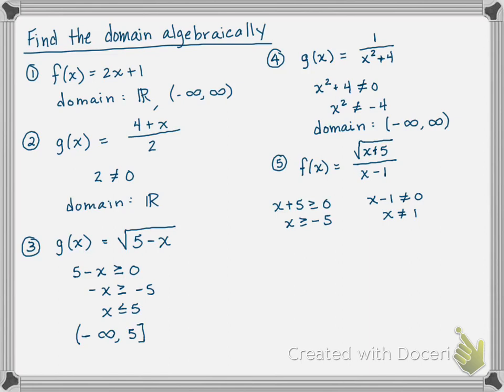I think probably the easiest way to do that is just to look at it on a number line. So I know that x cannot be 1, so I can put an open point at 1.